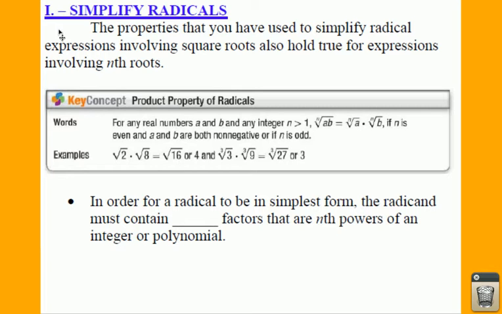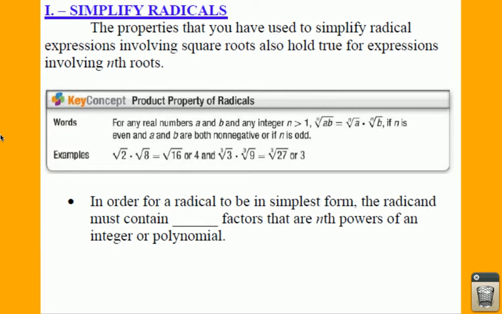So let's go through something here. Whenever we try to simplify a radical, whether it's a number or a variable underneath your radical, it doesn't matter if it's a square, a cube, a fourth, or a fifth, you just have to keep in mind that in order for a radical to be in simplest form, the radicand must contain no factors that are nth powers of an integer or polynomial.